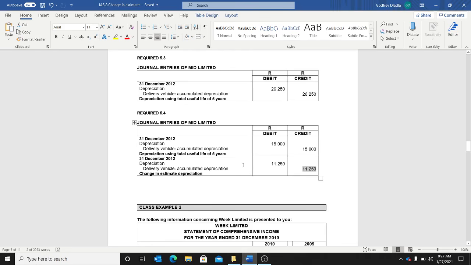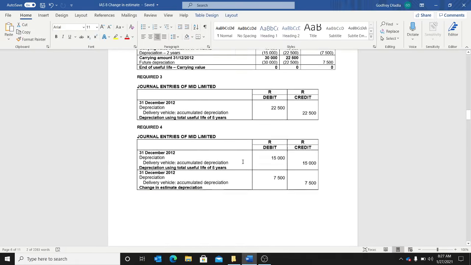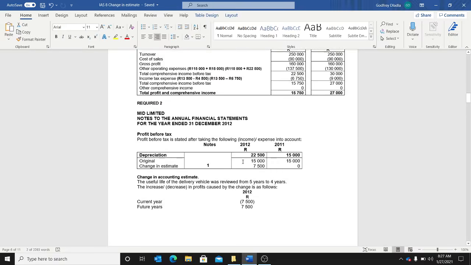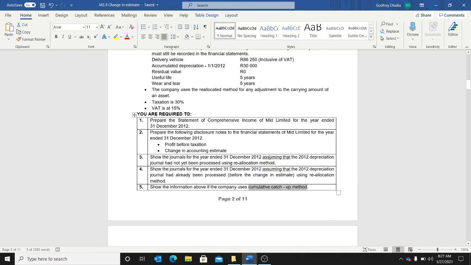which is here. Right. So, like I said here, there are two methods that you can use, but most likely we prefer this one because it meets all the requirements in terms of how you treat a change in accounting estimate. But you also need to know how to deal with this one, because it is one of those methods that are there.